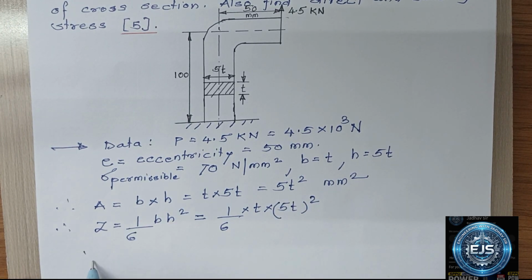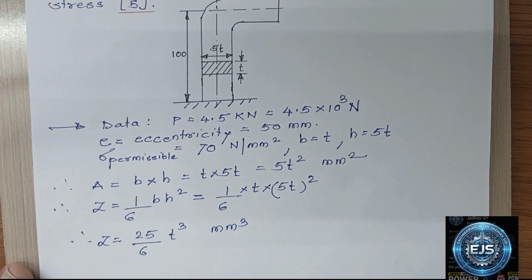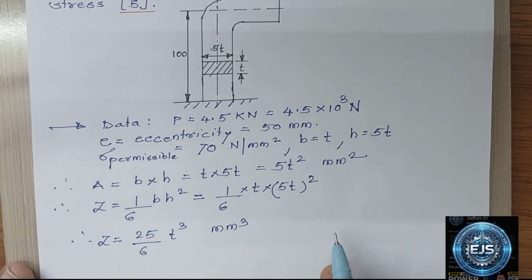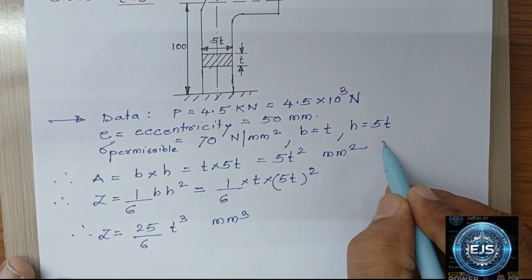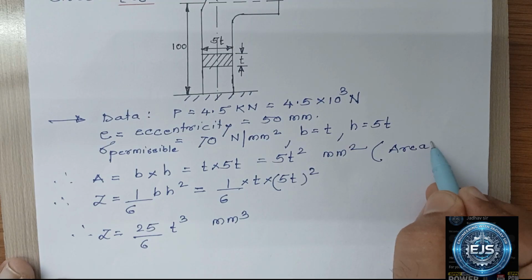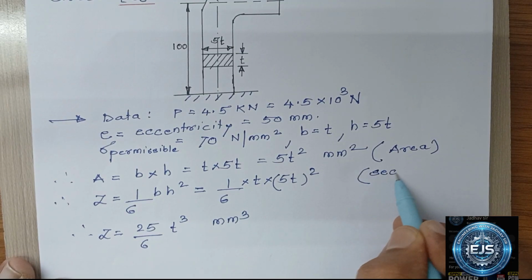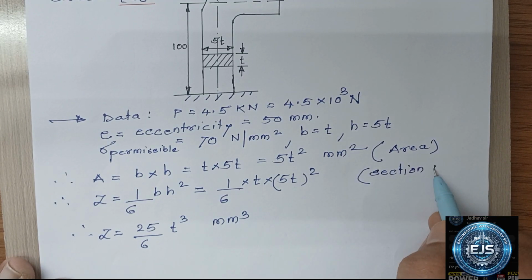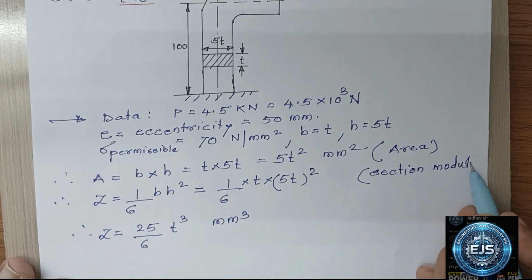So the section modulus Z we get is 25 divided by 6 into t cube, in mm cube. So this is the area of the section, and this is the section modulus Z. Z is the section modulus of the cross section of the column.